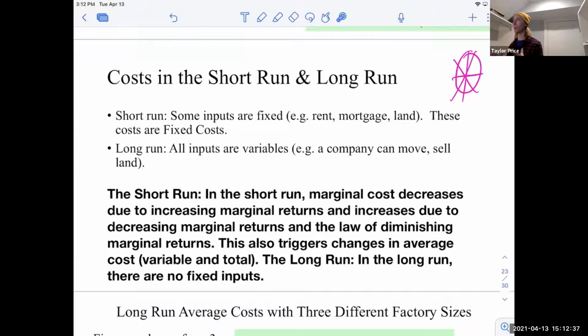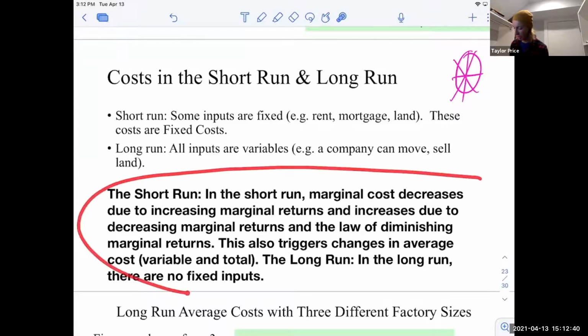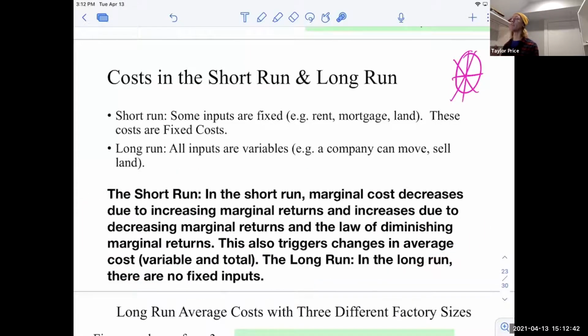I have this little blurb here that is a nice summation of the relationship between the short run and long run, specifically for marginal costs. In the short run, marginal cost decreases due to increasing marginal returns. Then it increases due to decreasing marginal returns, which we talked about, the law of diminishing marginal returns. Basically the idea that you are getting less quantity as you add more workers.